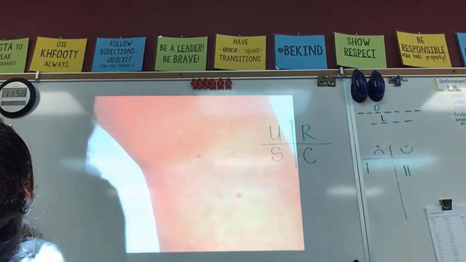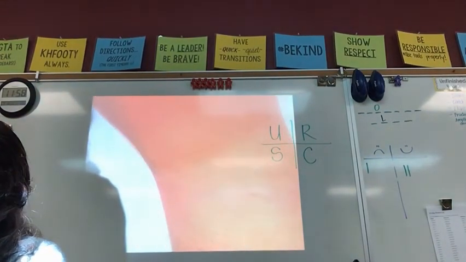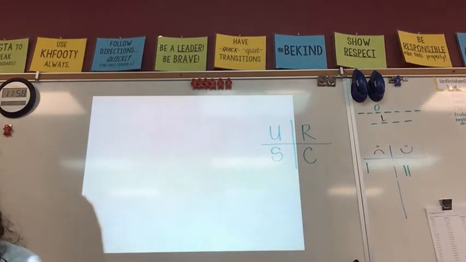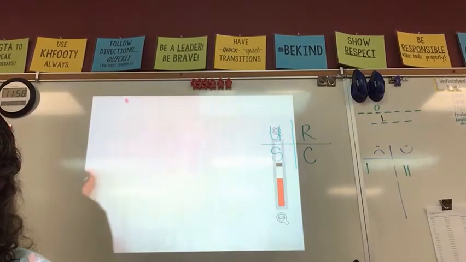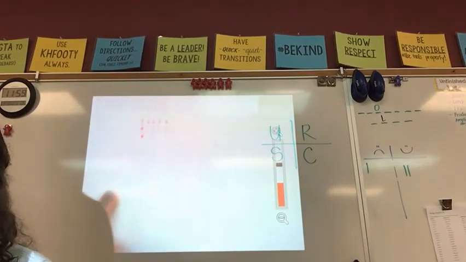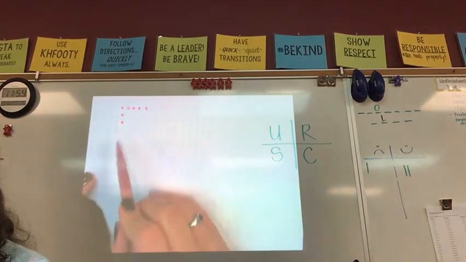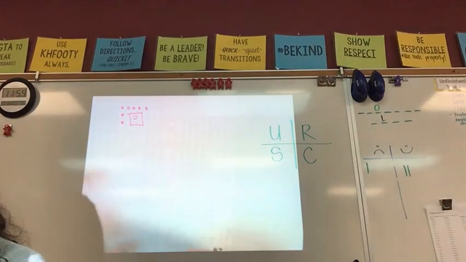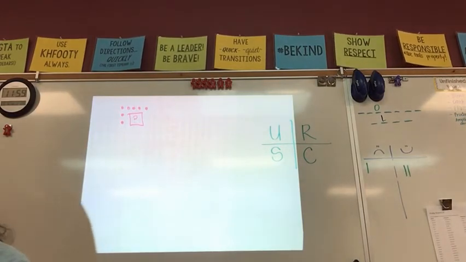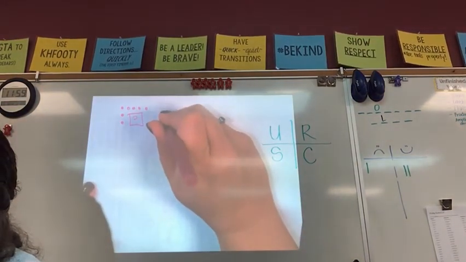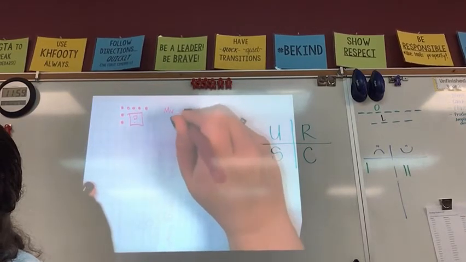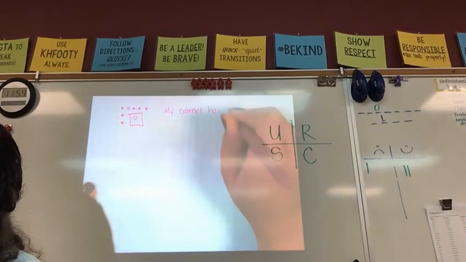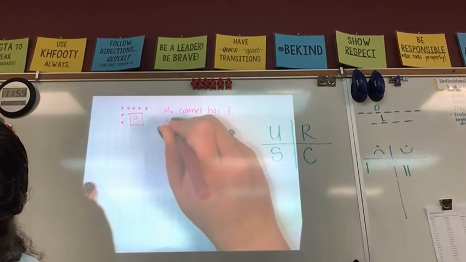Isn't it beautiful? I didn't realize how high up my picture is. I got to find it now. There it is. If I give you this picture, it's got 3 rows of 4, and I'm trying to figure out my total. My story problem might be: my cabinet has 3 shelves, because I know that shelves are like rows.